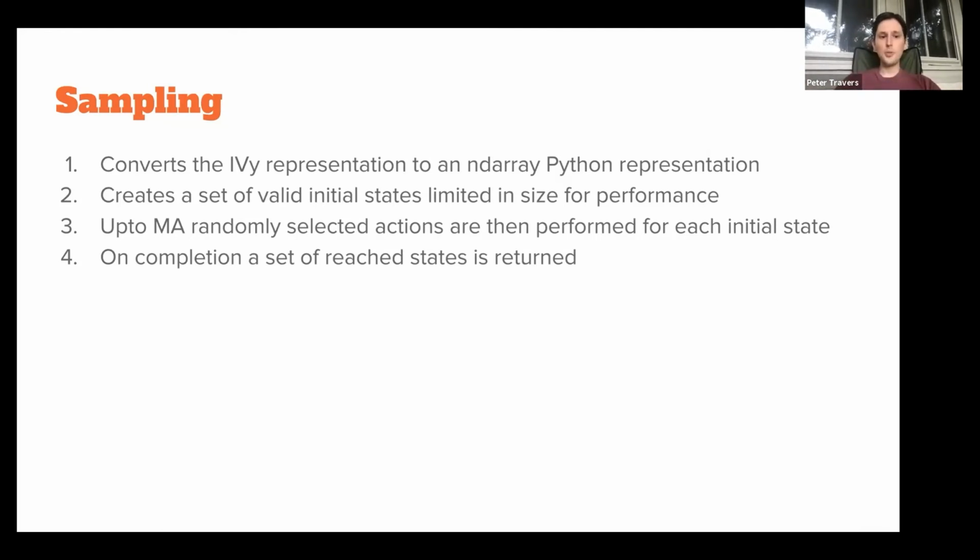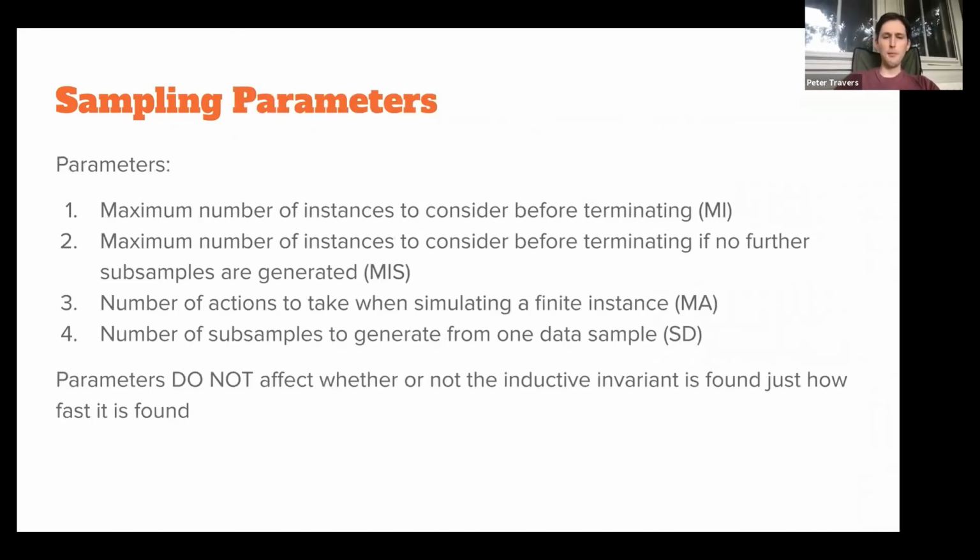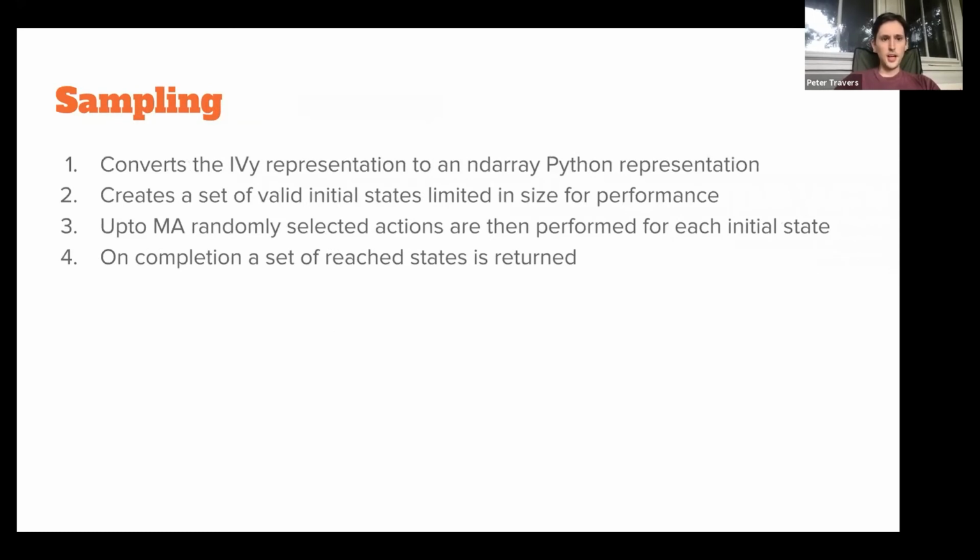And then we do up to MA, the maximum number of instances to consider before terminating. Randomly selected actions are then performed on each initial state. So this is, I guess, where the AI component comes in. We have this stochastic property where we're starting at these randomly generated sampled states.